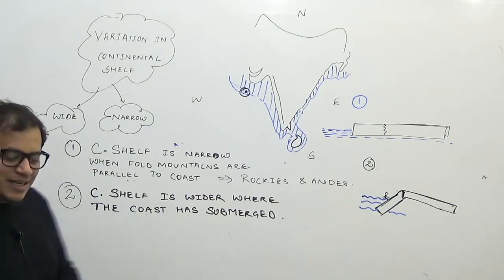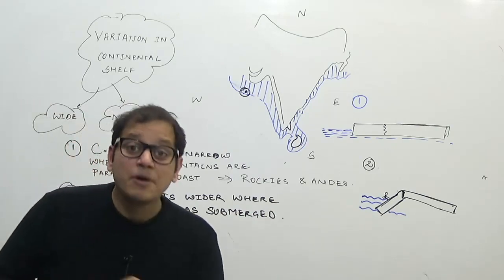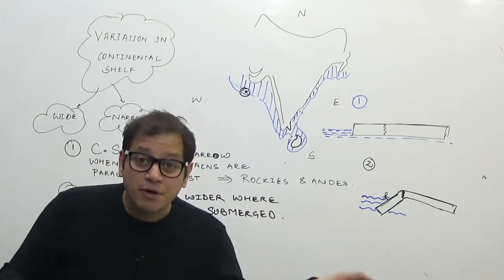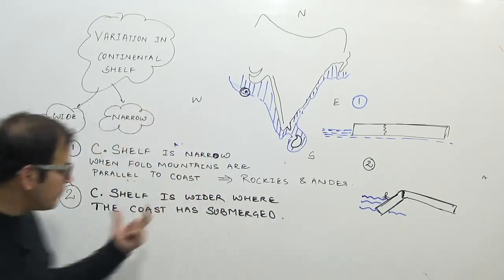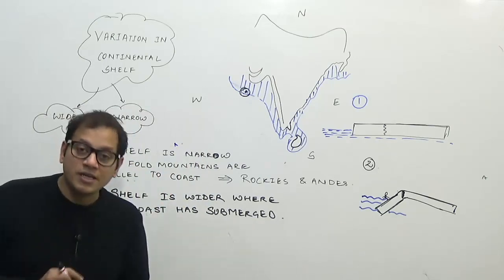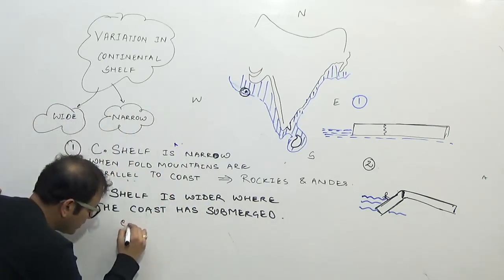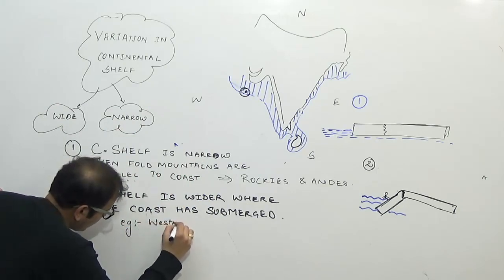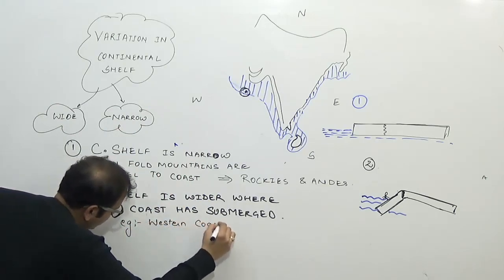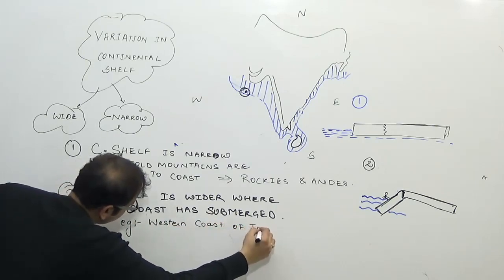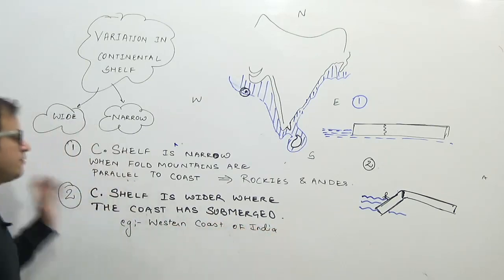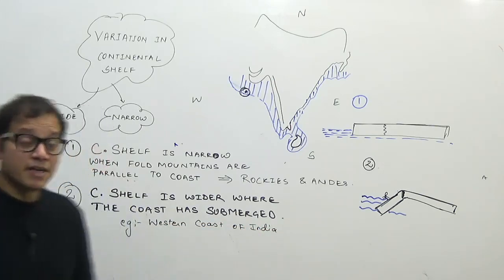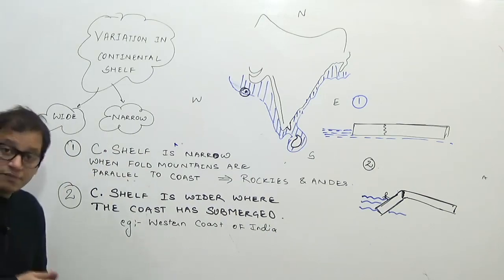Therefore, we can say, because the Western Ghat is an example of a submerged coastline, or the western coast of India is an example of a submerged coastline, therefore it has a wider continental shelf. Example is the western coast of India, which is an example of a submerged coastline having a wider continental shelf.